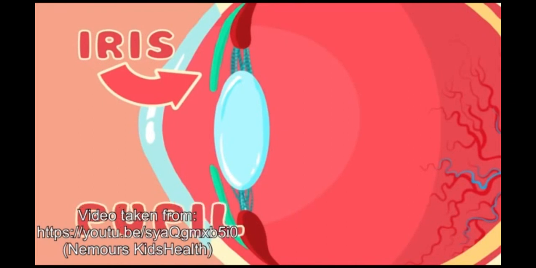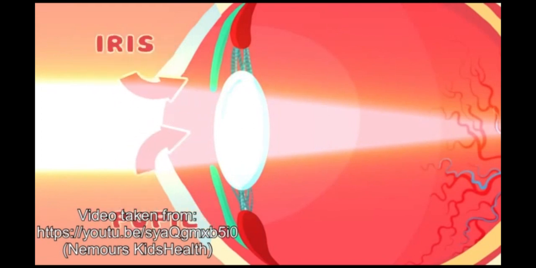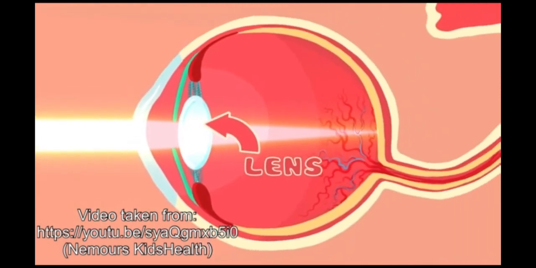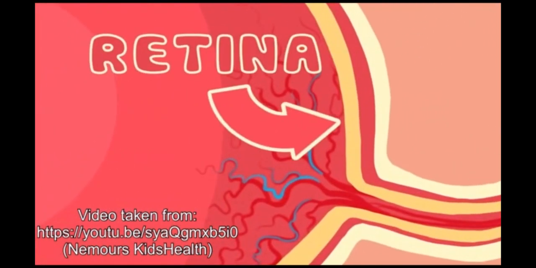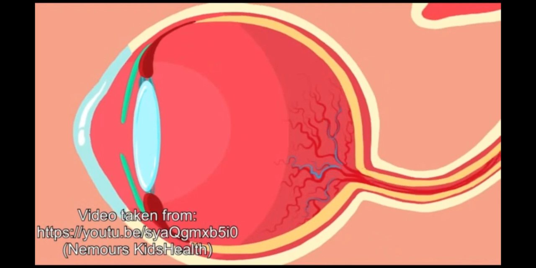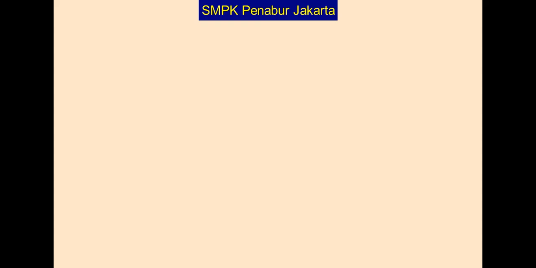It controls how much light can pass through the pupil or your eyeball. So next, after the pupil, is lens. The lens also helps your eyes focus so that you can see far or near objects clearly. The lens then sends the light into our retina, which then the cells in the retina turn the light into electrical signals, which are then sent into our brain through the optic nerve.